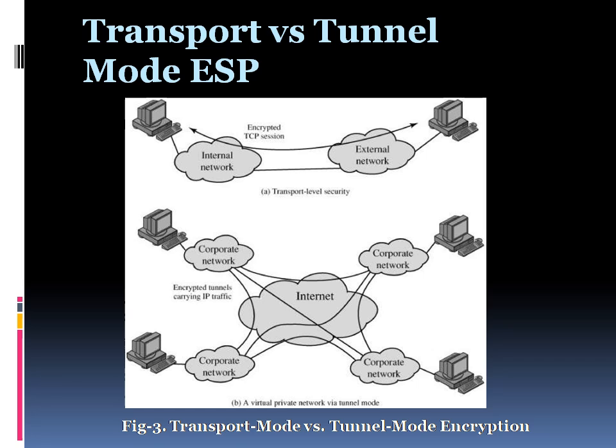Now, the former technique, that is the transport mode, is supported by a transport mode SA, that is security association, while the latter technique, which is the second figure and encompasses tunnel mode, uses a tunnel mode SA or security association, and hence the name.